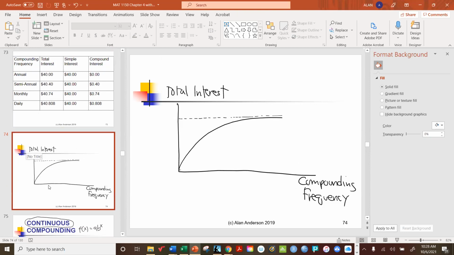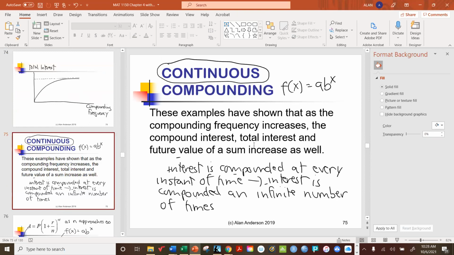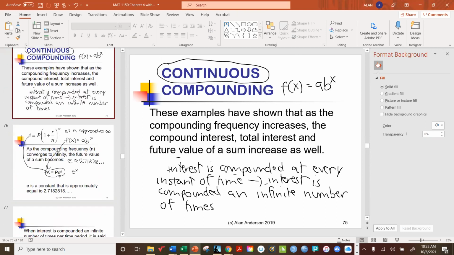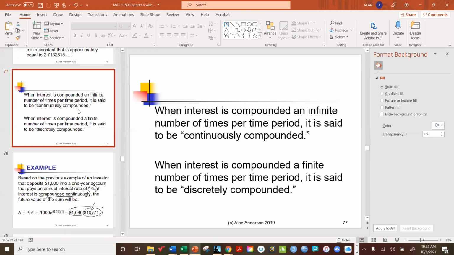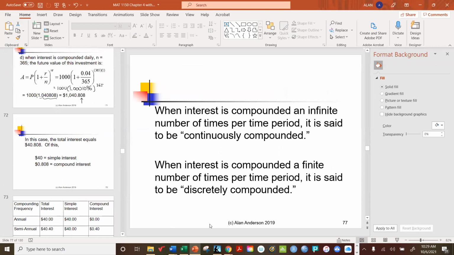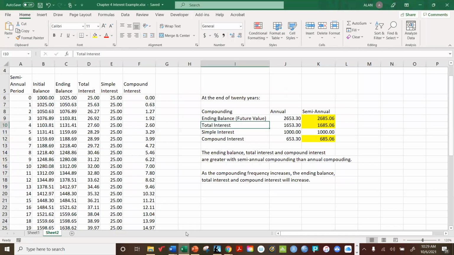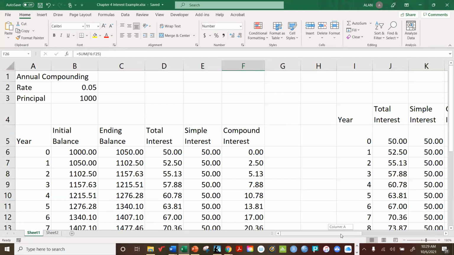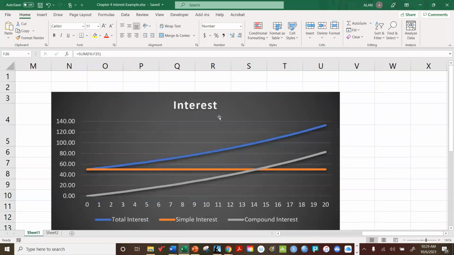So only this case represents true exponential growth. Okay, so now if you wanted to, you could go back and modify that graph. Remember way back, we created this graph. If you wanted to do one of these for continuous compounding, you would see that it goes up a little faster, the blue and the gray lines.